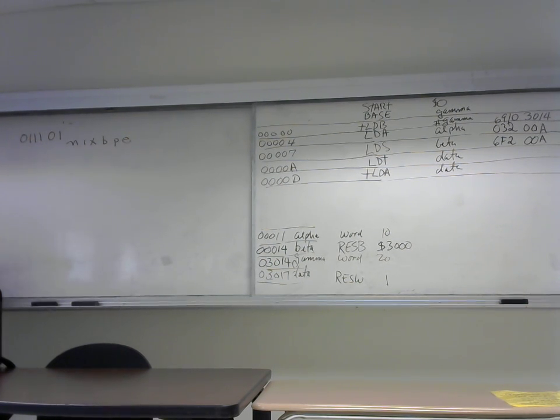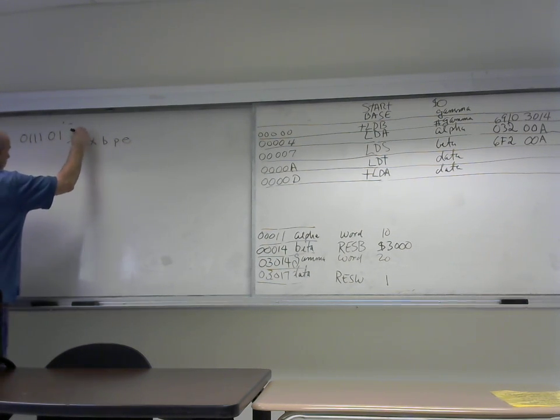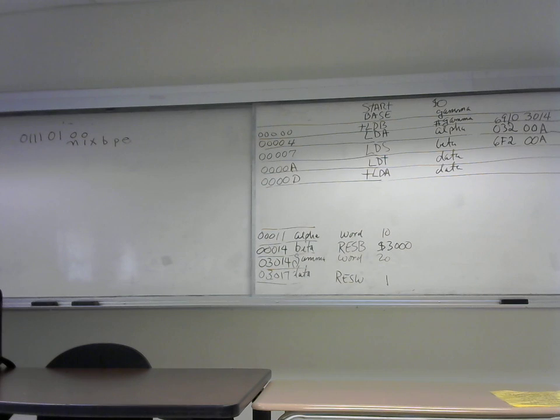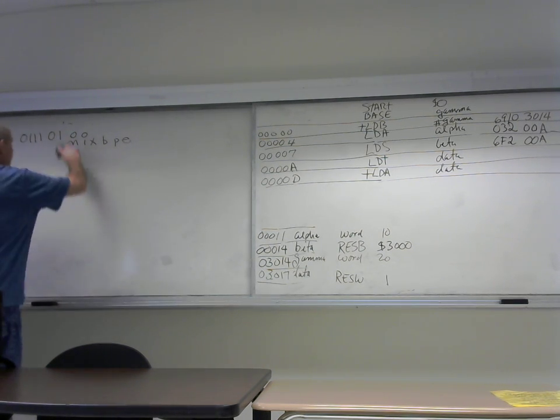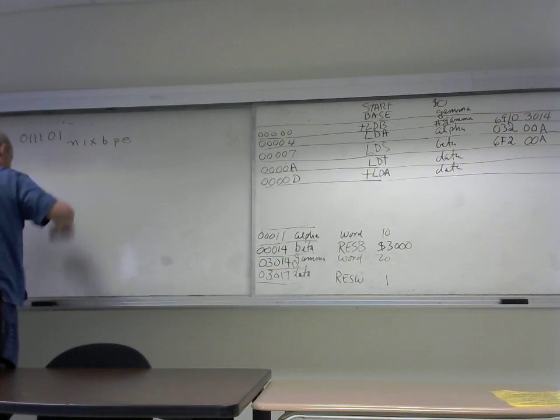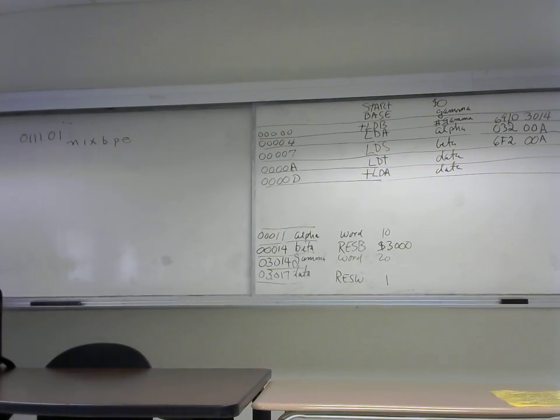LDT data. So it's neither indirect nor immediate. So that would be 0, 0, right? No. If it's neither one, it's 1, 1. Why is that? Why didn't they just put zeros there? Because that's SIC. Yes, that's backwards compatibility.